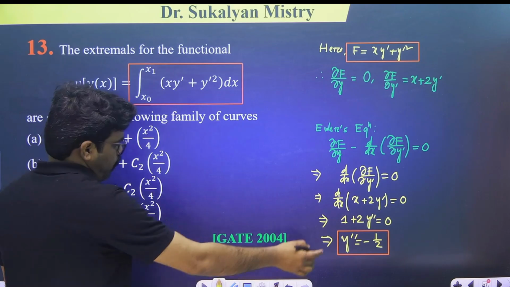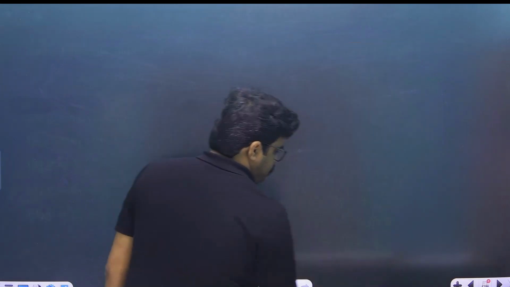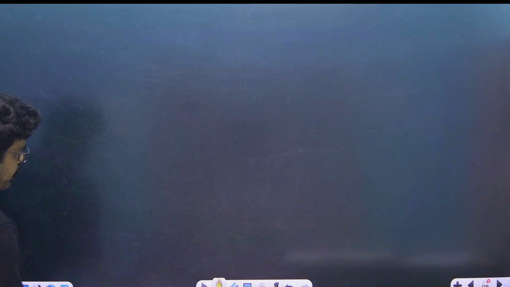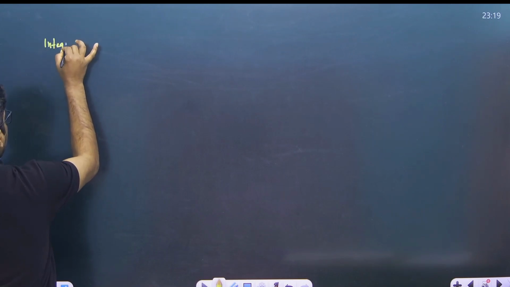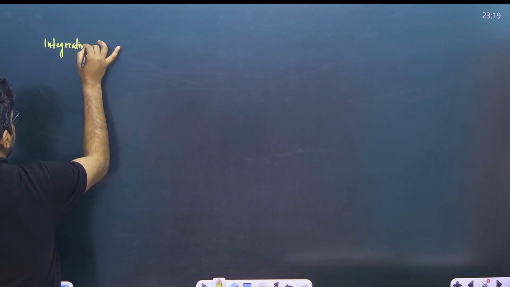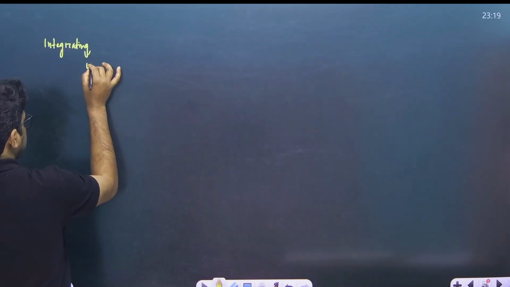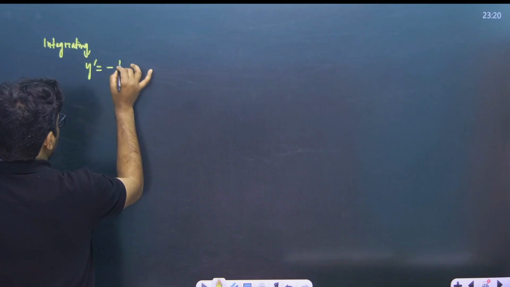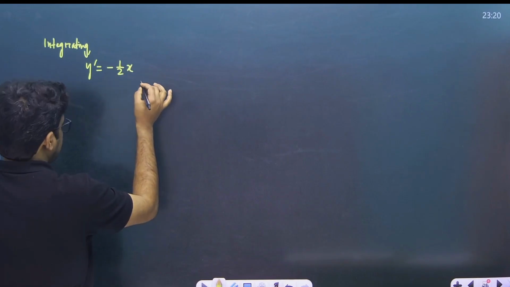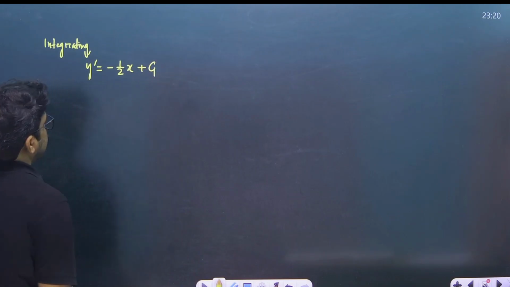Now we have to solve this differential equation. Integrating, we get y dash is equal to minus x by 2 plus, suppose the integrating constant is c1.